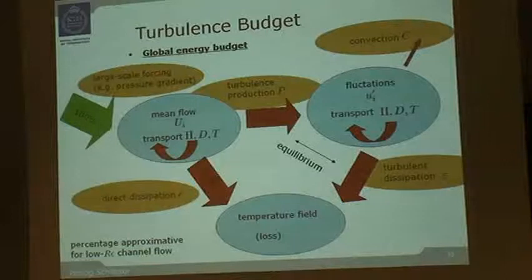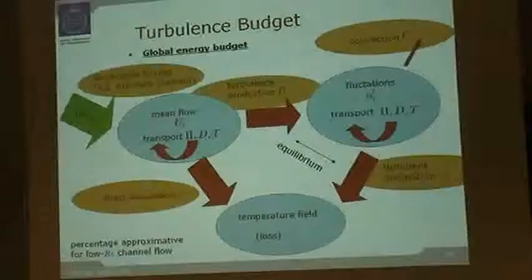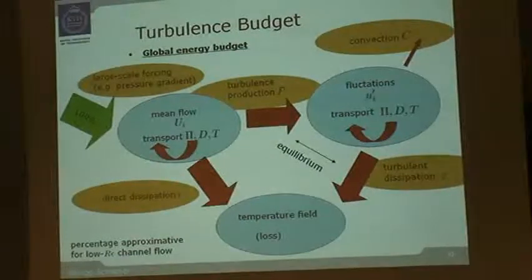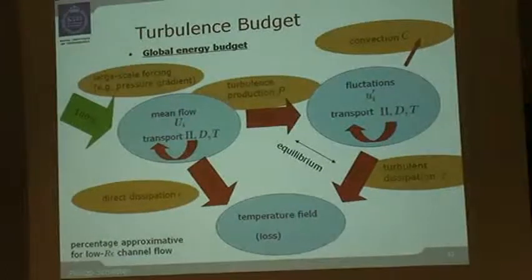So the energy we put into the mean flow is to some extent going into the fluctuating field and to some extent going into the temperature. And if you look at it in simulations, if you just measure how big these two parts are, it's about 50-50. For a low Reynolds number channel flow, about 40% goes into fluctuations and 60% into dissipation. Now, all the energy that goes into the fluctuations eventually has to leave the fluctuations and be consumed in steady state.